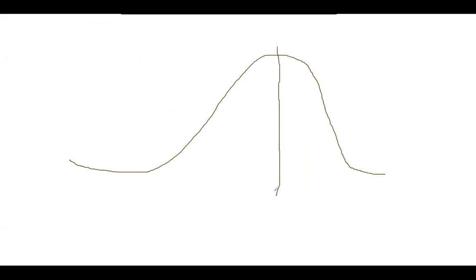Now here we can see a normal distribution. For example, this is a population.